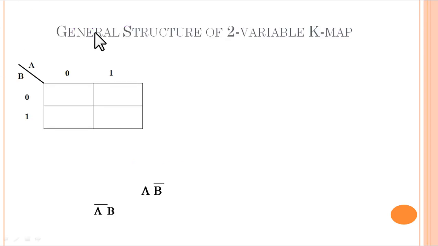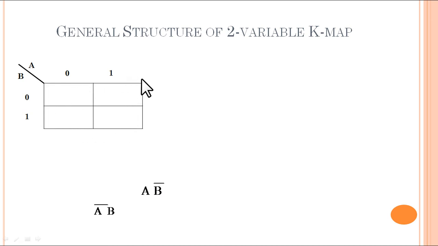Now moving to the general structure of the two variable K-map. Two variables means only X or Y or A or B, any two variables will be present in the K-map. So we have assumed that there are two variables A and B. So there will be 2 to the power 2 squares, which means 4 squares will be present.